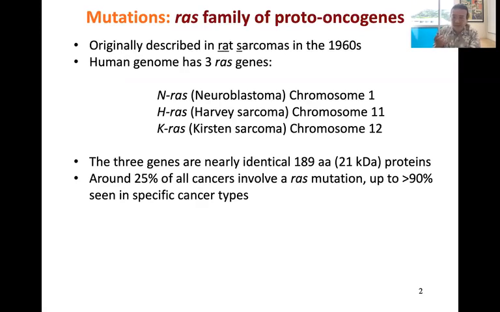So we said RAS is a very important proto-oncogene. Our genome has 3 copies of RAS, one on chromosome 1, one on 11, one on 12. And we call these NRAS, HRAS, and KRAS based upon what disease was the basis of them originally being identified as being the important gene.